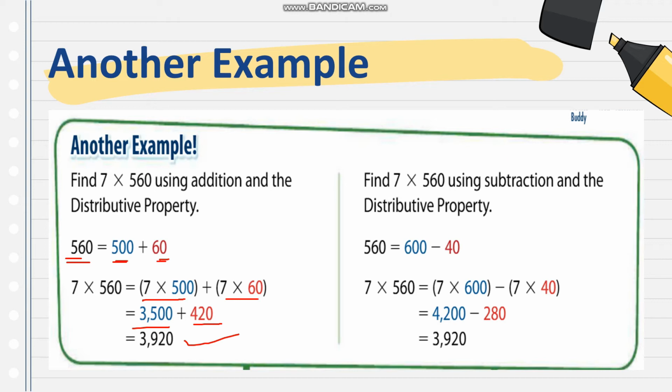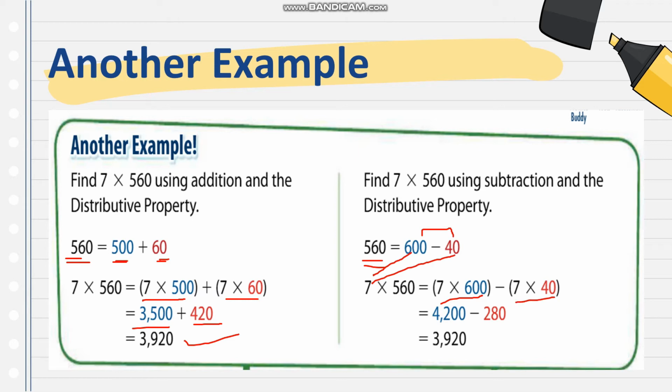If I'm going to use subtraction and the distributive property, for example 560, I will make 600 minus 40. Why? Because 600 minus 40 is 560. Then after that, I'm going to multiply 7 multiplied by 600 and 7 multiplied by 40, then subtract.